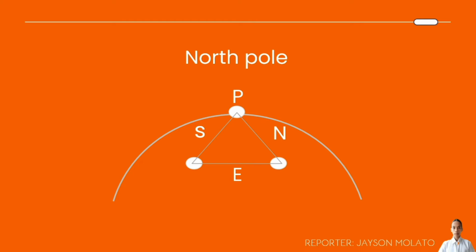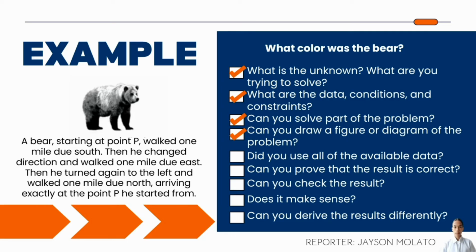The next question is, did you use all of the available data? Yes, I did. I verified all the directions as stated in the problem. Next is, can you prove that the result is correct?